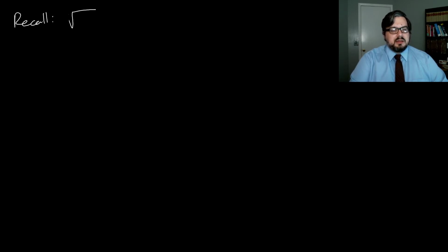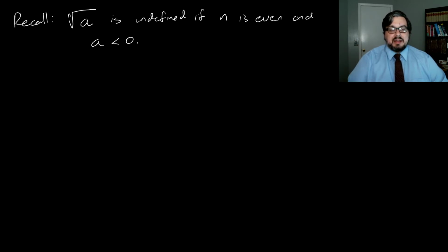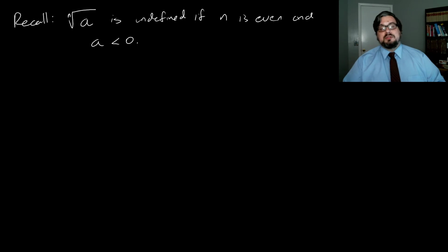The nth root of, we'll say a, is undefined if n is even and a is negative. So we often express this as we can't take the square root of a negative number. Well, we also can't take the fourth root or the sixth root or the eighth root or any other. However, the cube root, we can take the cube root of any number. So the third root or fifth root or seventh root or ninth root, etc.